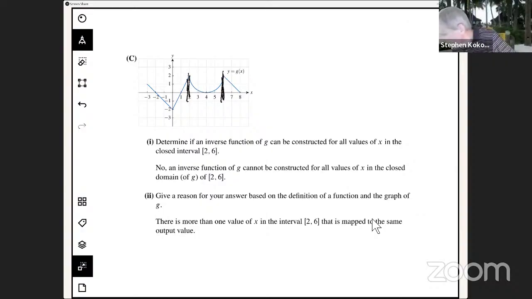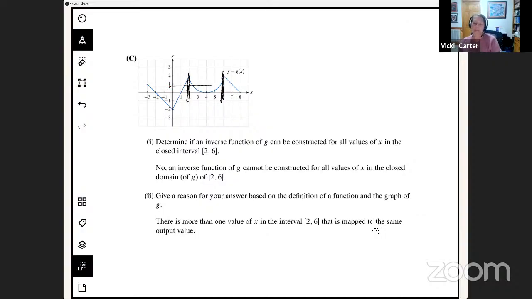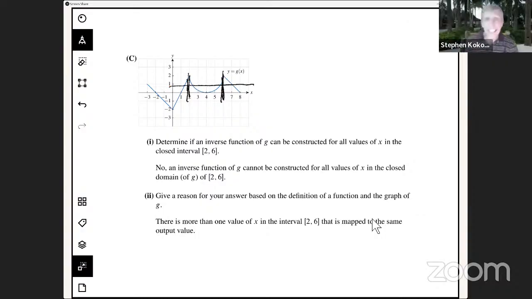What does that mean? Well, I can draw a horizontal line, and it intersects that graph in two places. So that means there are at least two values of x that are mapped to the same value of y, and therefore you cannot find an inverse function for g on that interval. I need to say one thing.